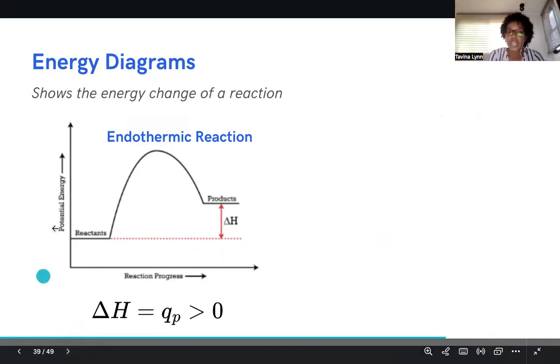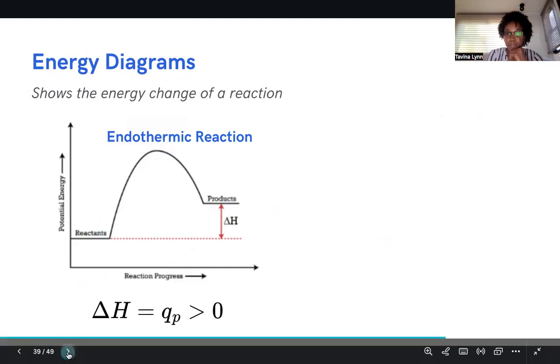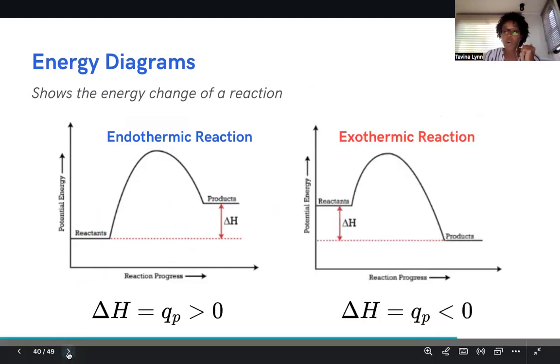Even just looking at this, intuitively, you can see that the reactants needed an energy input to go to products. It needed to overcome an energetic barrier to go to products. So there was energy pumped into the system, which is why it's an endothermic reaction. Now, this is the energy diagram of an exothermic reaction.